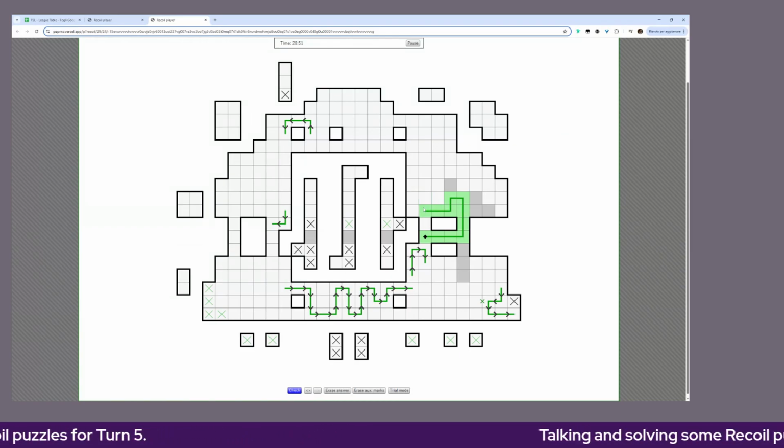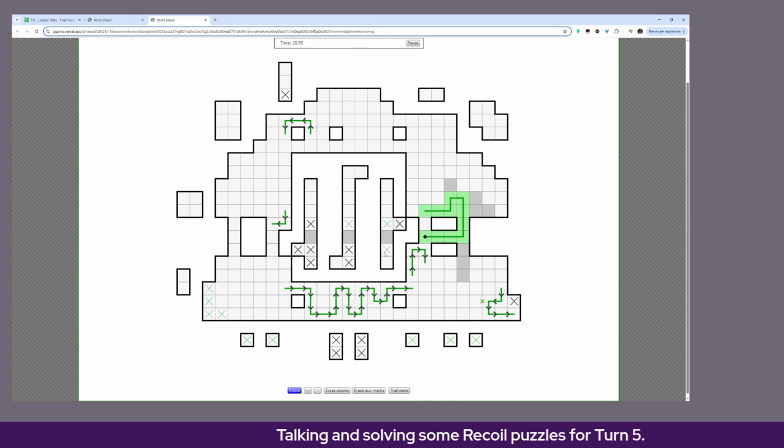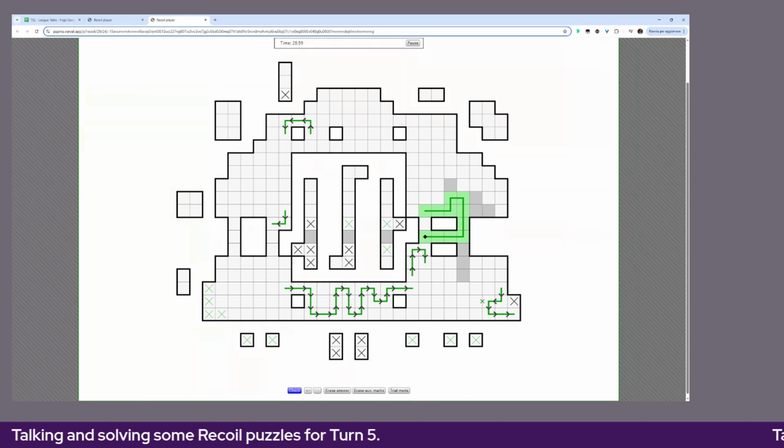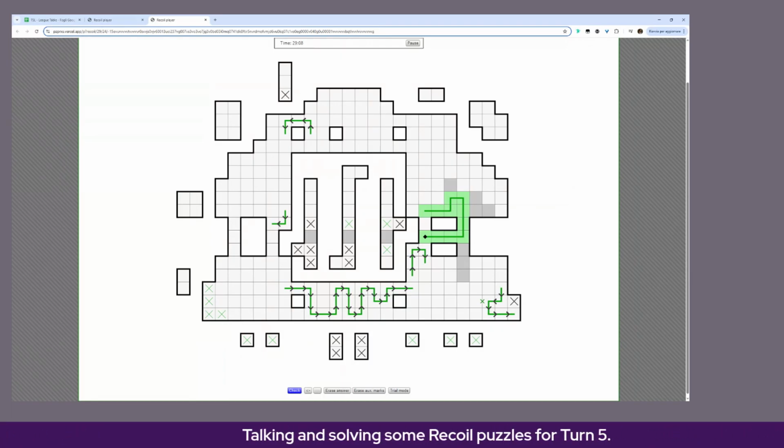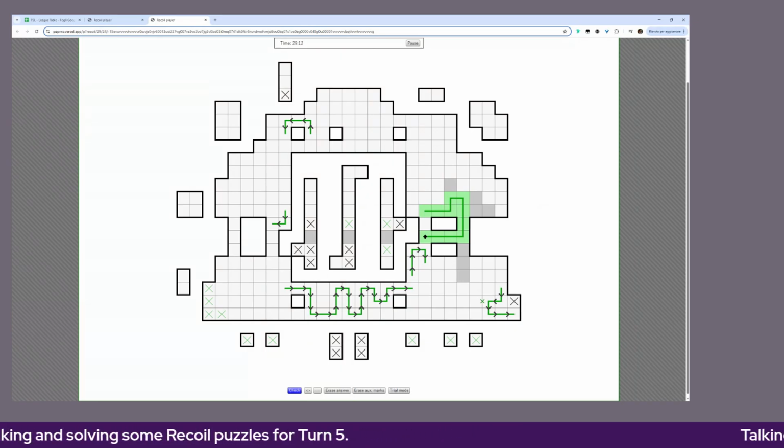Even this doesn't work. Wait, 1, 2, and 3. I must recoil this one and this one as well. 1, 2, and 3 above. And to finish recoiling these, wait, I'm following my.